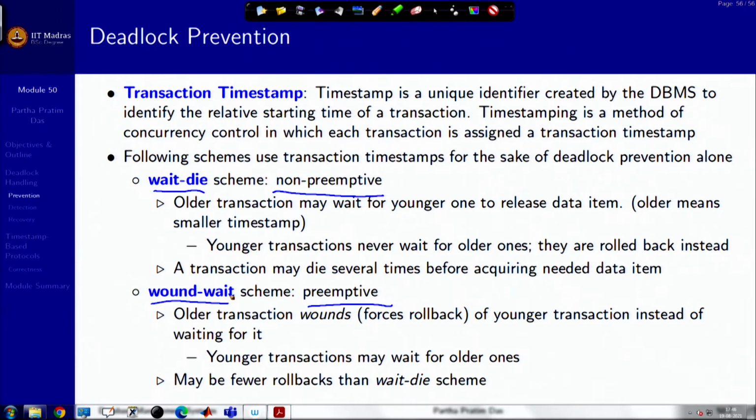Older transactions may wait for the younger ones to release the data item, but the younger transactions never wait for the older ones, they are rolled back immediately. Preemptive is where an older transaction, instead of waiting for a younger transaction, kicks it out, but a younger transaction may wait for an older one. So, this is the philosophy.